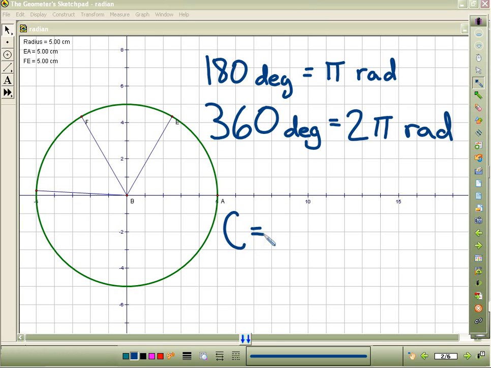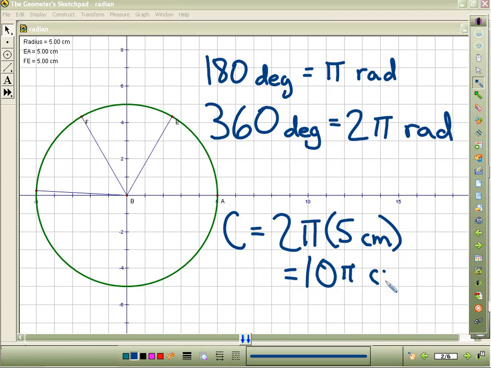So if we want to know what is the distance around a circle, we'll just say, well, there are 2 pi. Now, how many radius? What's the radius here? 5, right? So this is 5 centimeters. So it looks like there would be 10 pi centimeters of length on this circle.